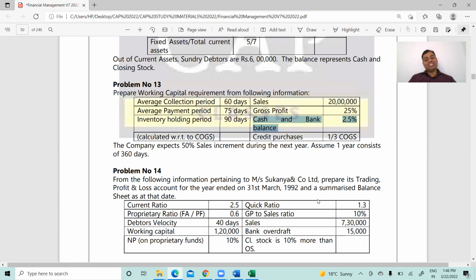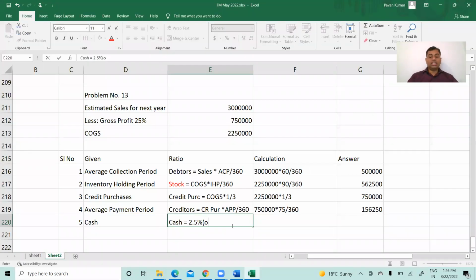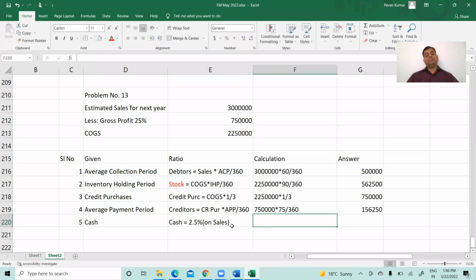Current assets change, cash will change. So this cannot be taken on current assets. So what is the only other option? Take it on sales. So 30 lakhs into 2.5%. Is it 75,000?